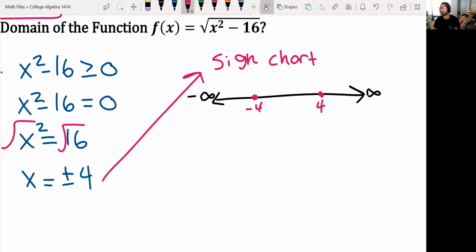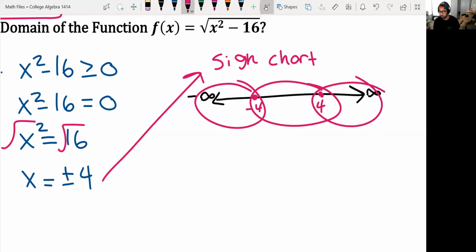And now, what we're going to do next is pick test numbers on my sign chart and test them into the original function. So when we do that, let me write the intervals first. When I say intervals, we have 3 intervals.